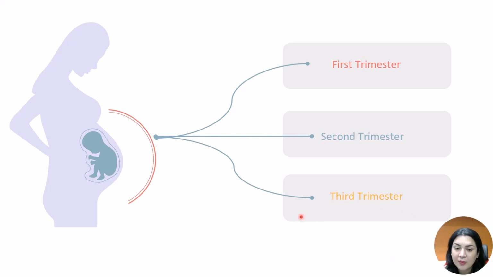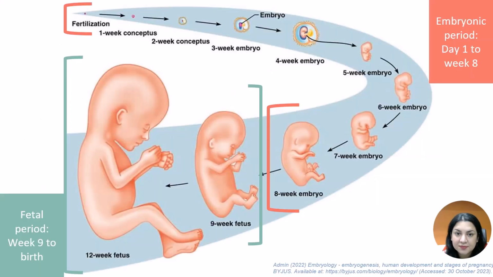And the third 3-month period, or the third trimester, is when all of those organ systems that have already developed continue to mature, and start to prepare to sustain that baby's life outside of the uterus. Of course, dividing it into trimesters is typically how obstetricians would commonly divide that 9-month gestation period, or that 9-month period of pregnancy.